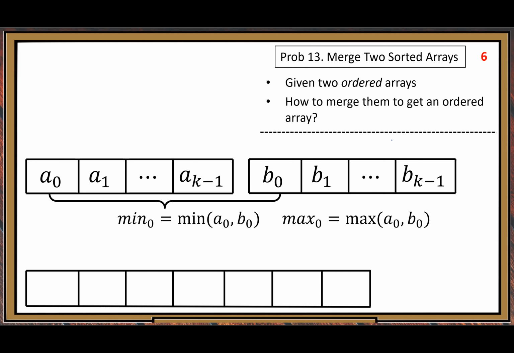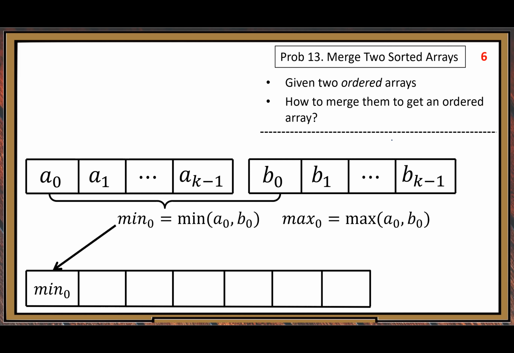After the first comparison, min 0 should be placed as the first element in our destination array. By one comparison, we find the minimum of all the elements, so we put it in place. The first position in our destination array is the right place for this element.